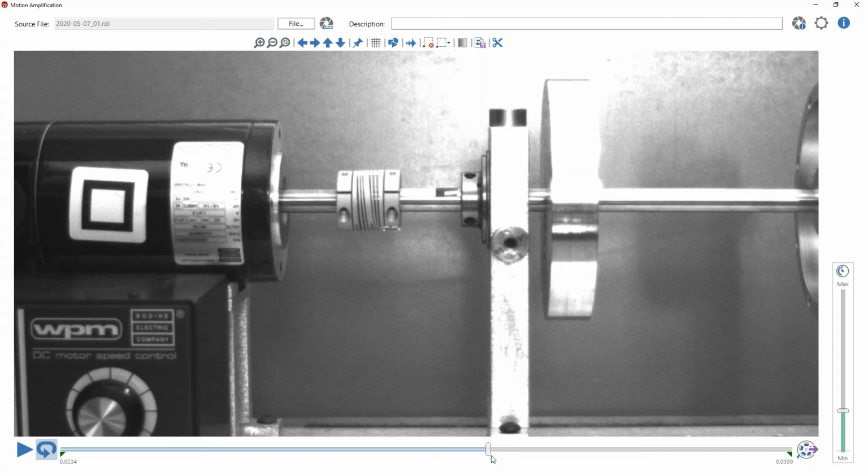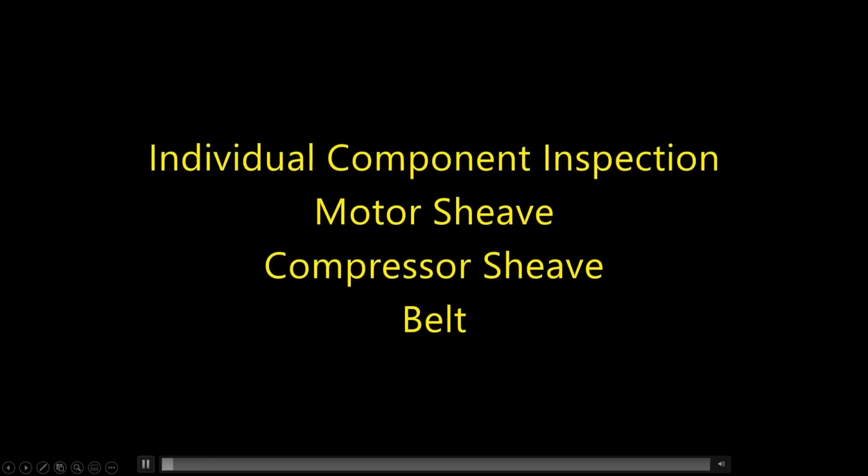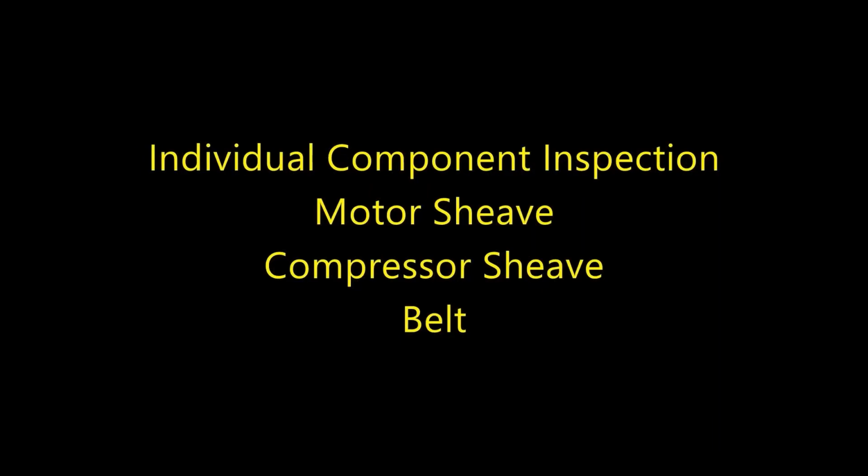So again, I just wanted to demonstrate that, because this is a really easy way to capture this and record it, and also have it for recall at another time. And so I'm going to show some videos here of some component inspections.